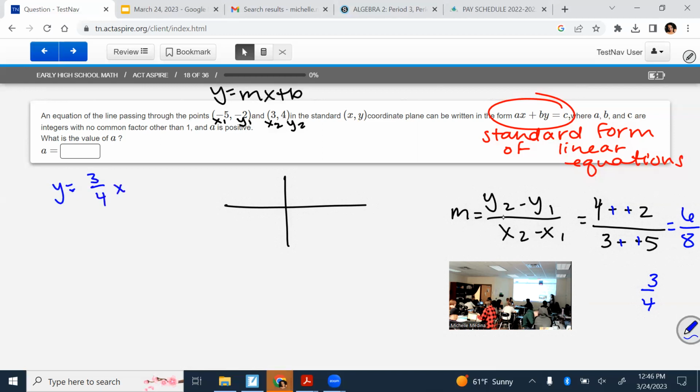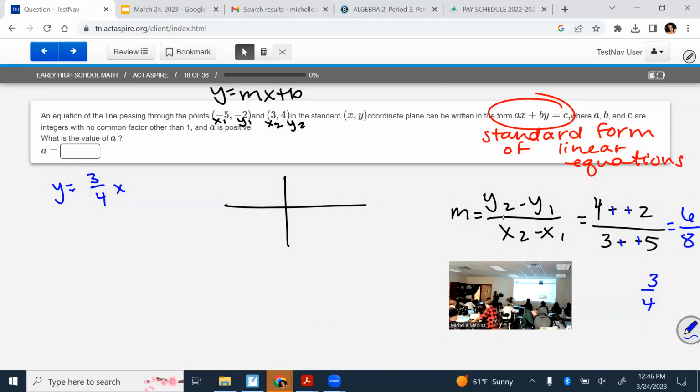And then how do you check for your y-intercept? What can you do? There's probably a few ways. One depends on if you like graphing better. The other one depends on if you like solving algebra problems better. No? Okay.